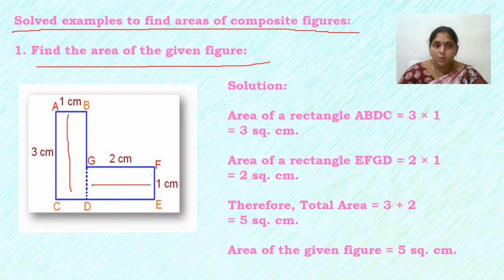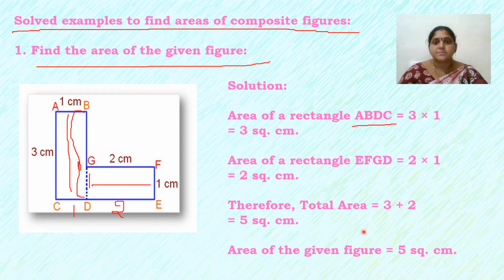So, it is total 3, and B to D also can be considered as 3 only, and C to D is 1. Here D to G is 2. G to E is 1. This is how we are breaking the boxes. Now, area of rectangle ABDC. ABDC means the area of this rectangle we are finding.